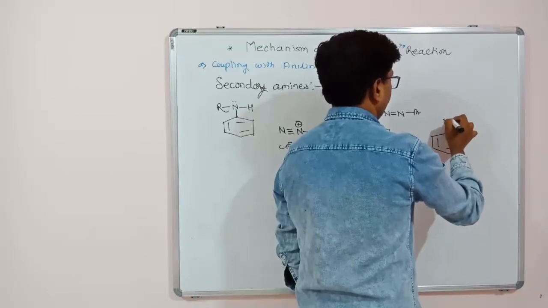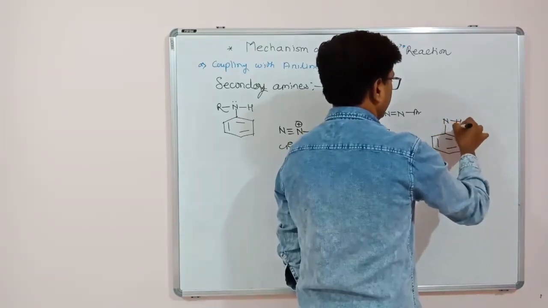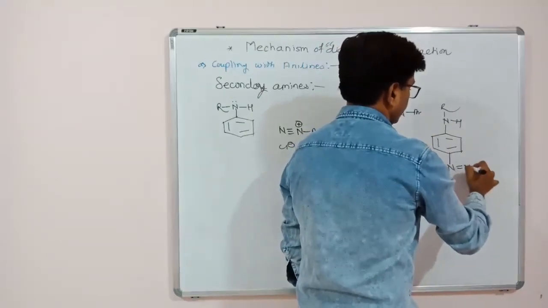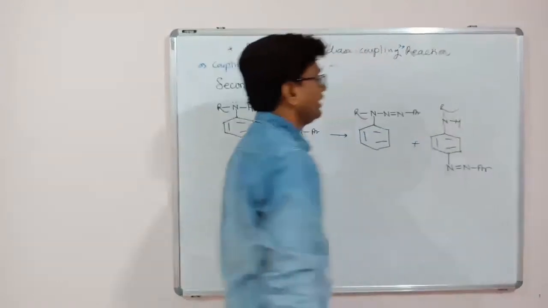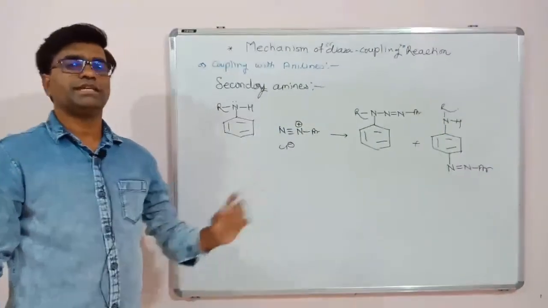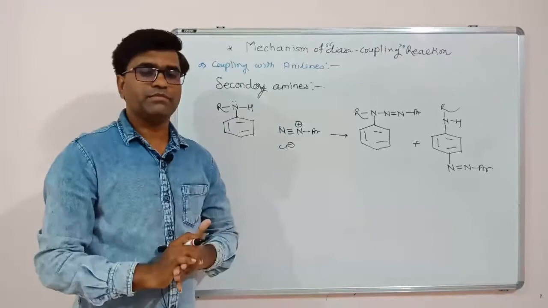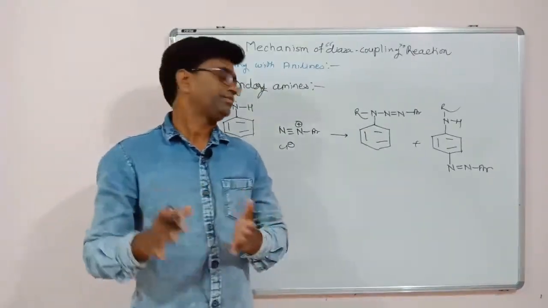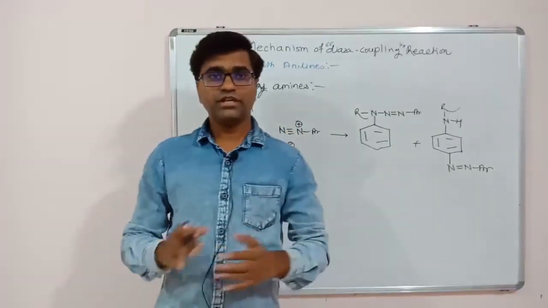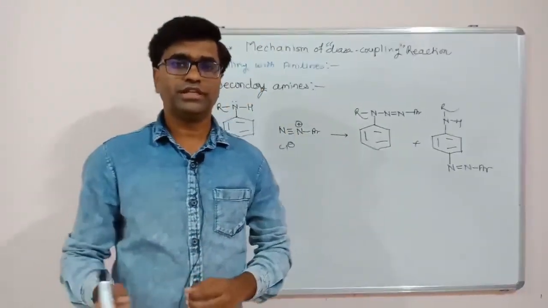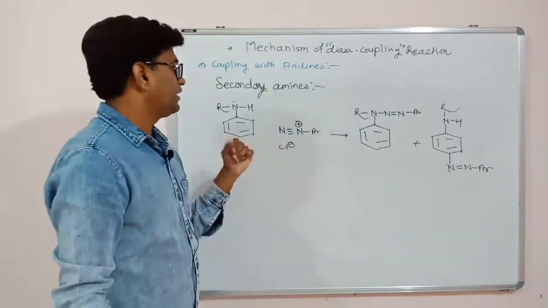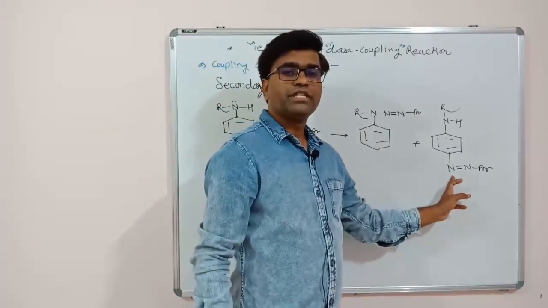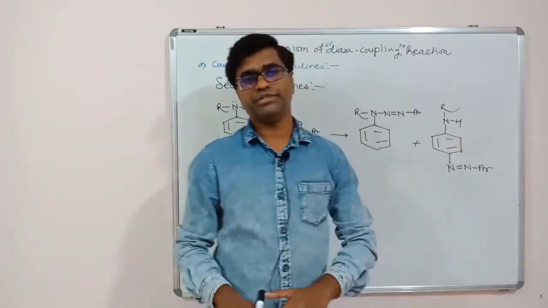So here is the C azo compound. So we will get a mixture of these two products in case of secondary. So friends, in primary amines, N azo compounds will be the major product. In tertiary amines, para C azo compounds are the product. While in case of secondary amine, we will get a mixture of N azo compound as well as C azo compounds at the para position.